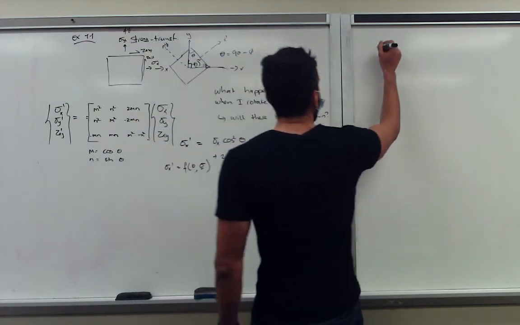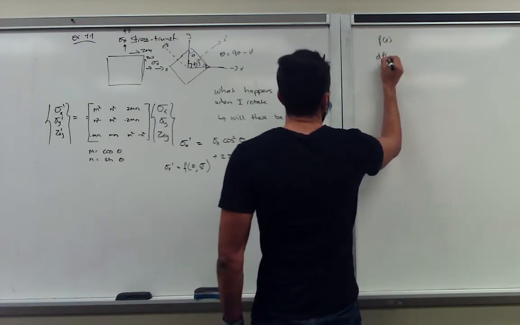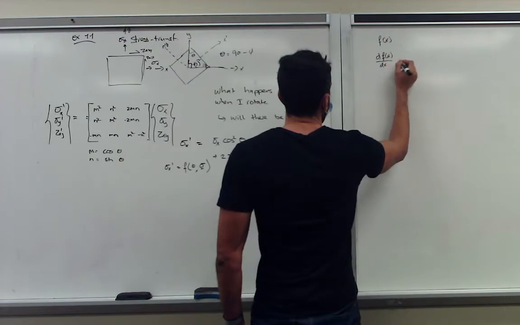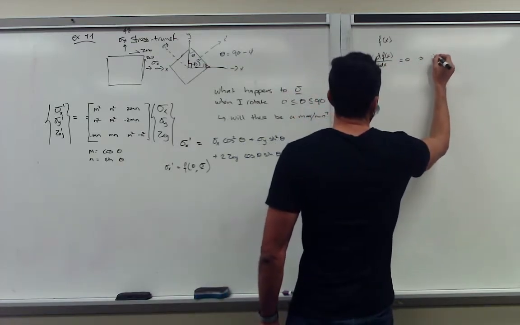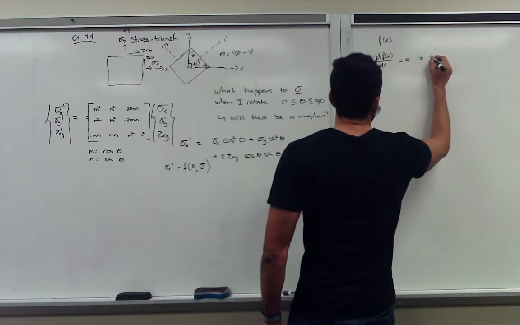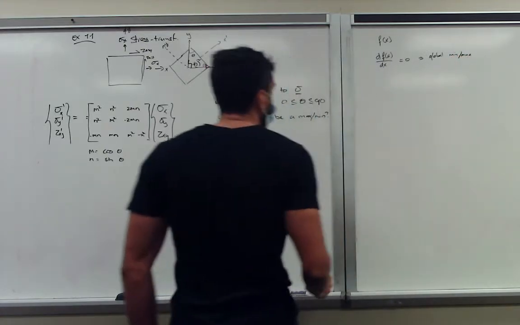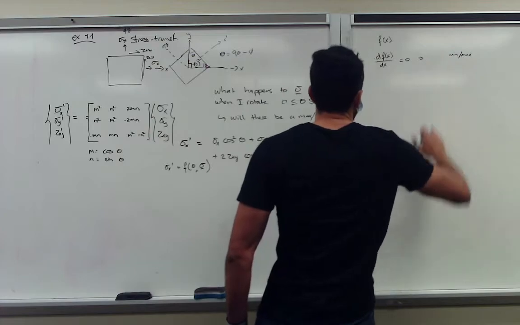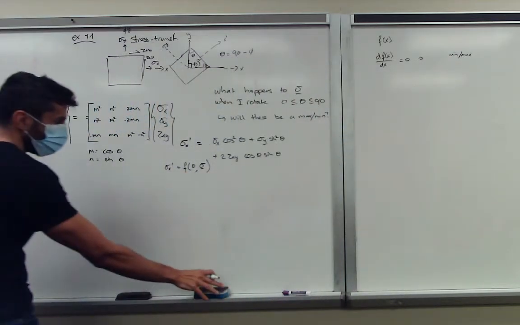If you have a function of x, you take df/dx and set it equal to 0, and this gives us a global minimum or maximum. And that's what we do here as well.